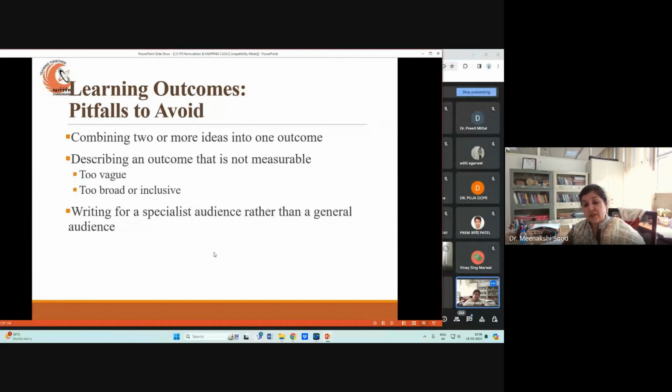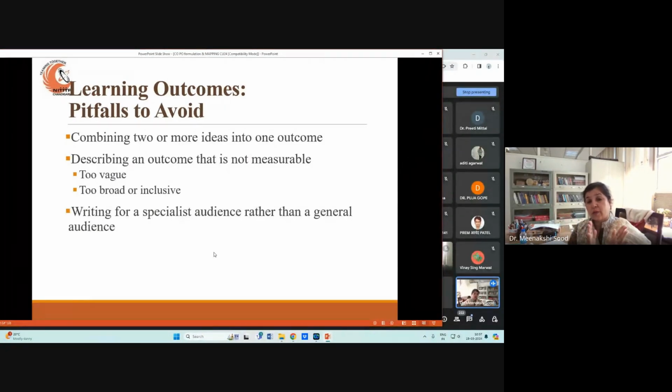And then it should be written for a specialist audience, because the outcome is expected from the audience. Say the subject is applied physics. You are teaching physics to a diploma student who is coming after 10th. You are teaching maybe similar contents to a student getting admission into a degree program after 12th. You may be teaching applied physics to a PG program also.